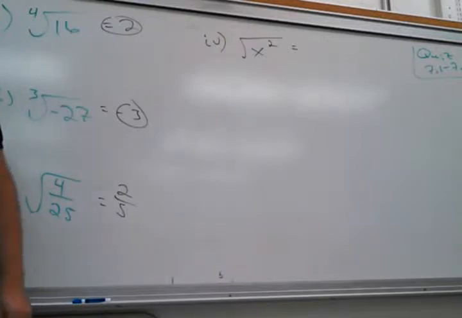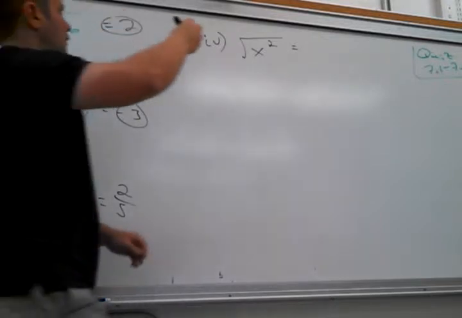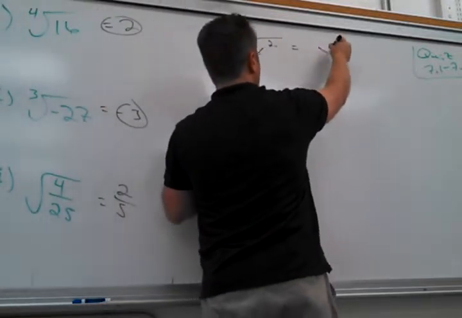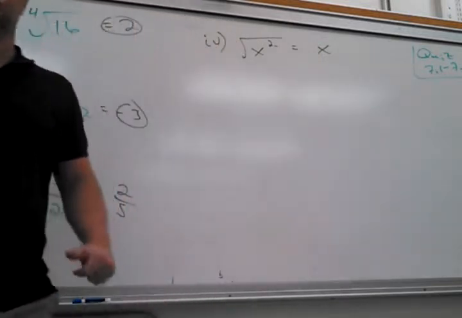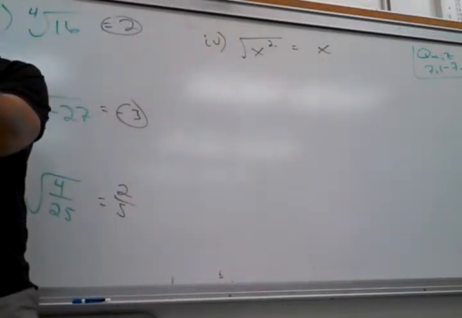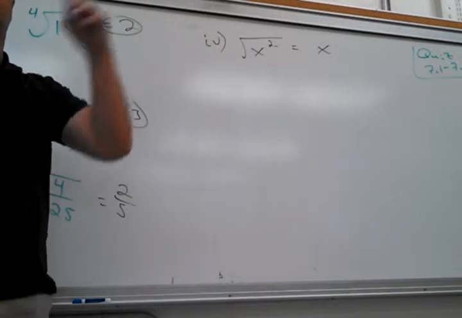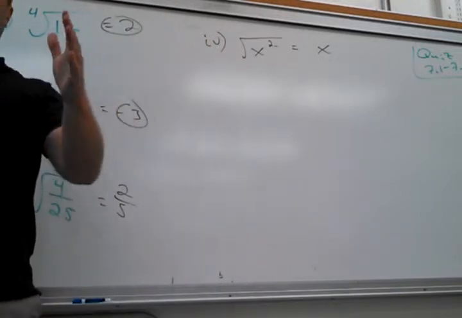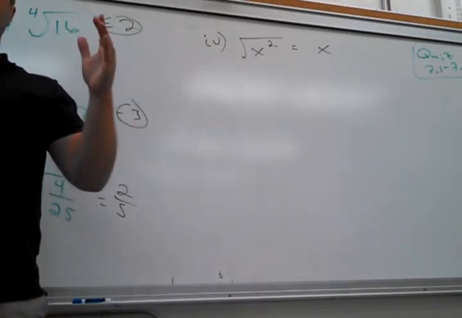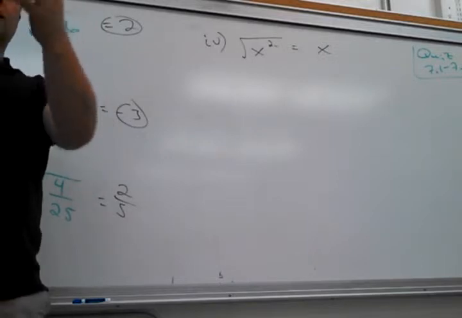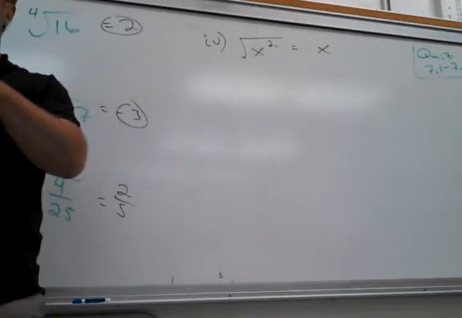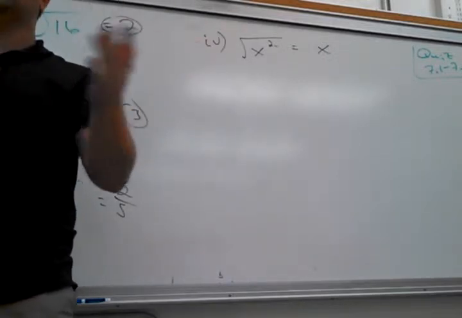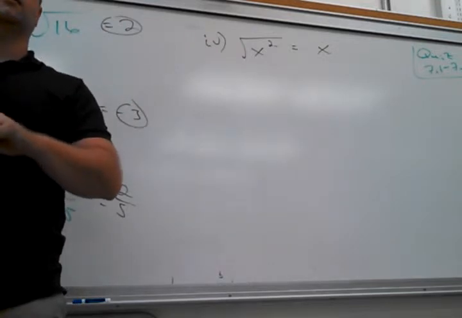What could x be? Negative. If x is negative 3, then I'm saying the square root of 9 is negative 3. That's not right. How do I force it to be positive always? X squared? No, now it's too big. What if x is positive? Then you screwed yourself over. Absolute value. Yes, thank God.